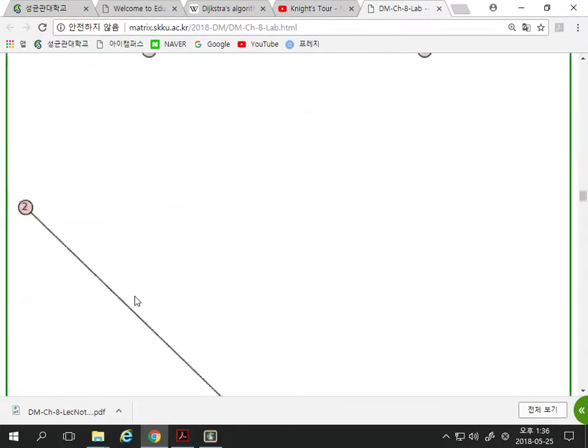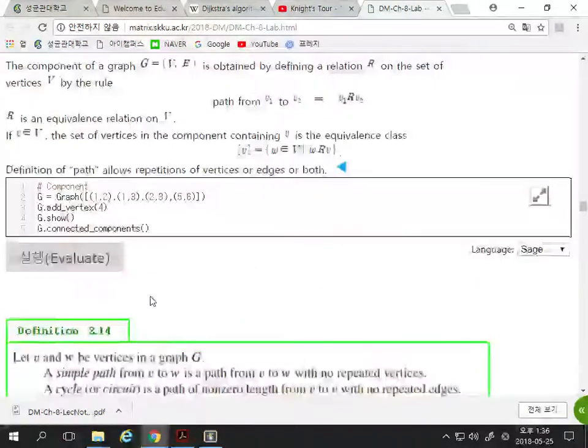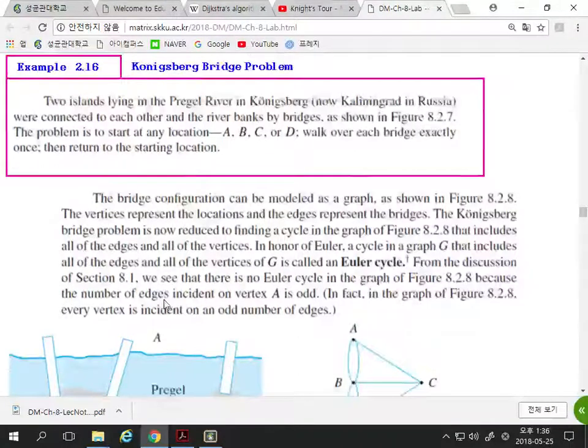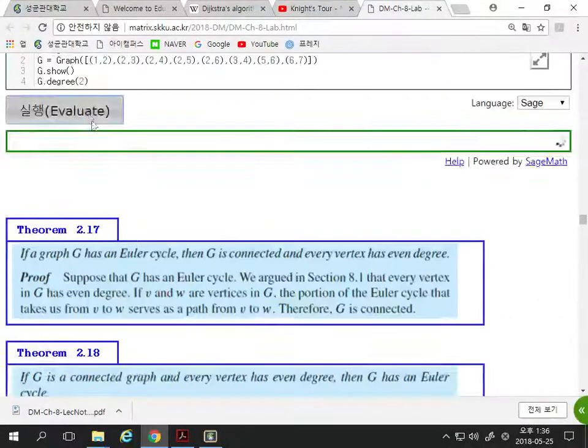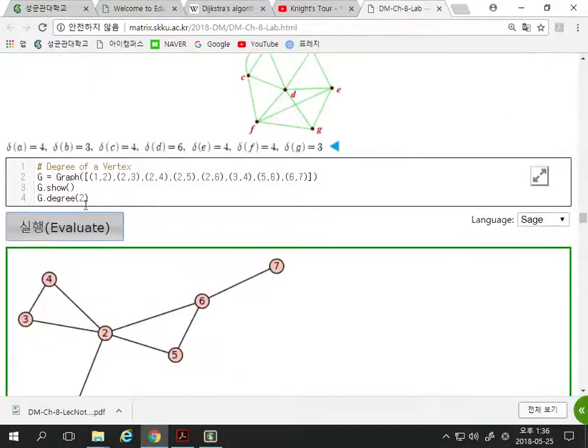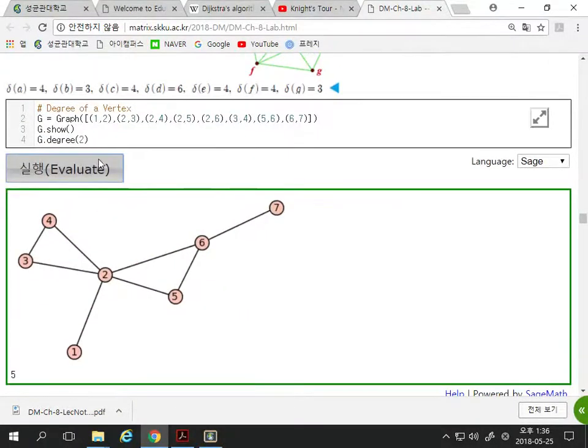This gives us subgraphs. And where is the Dijkstra's? And the Königsberg bridge problem and Euler paths, and this gives you the degree of vertex 2. The G represents the graph, and this gives us the degree of vertex 2 in graph G. And as you see here, the vertex 2 has 1, 2, 3, 4, 5 edges.